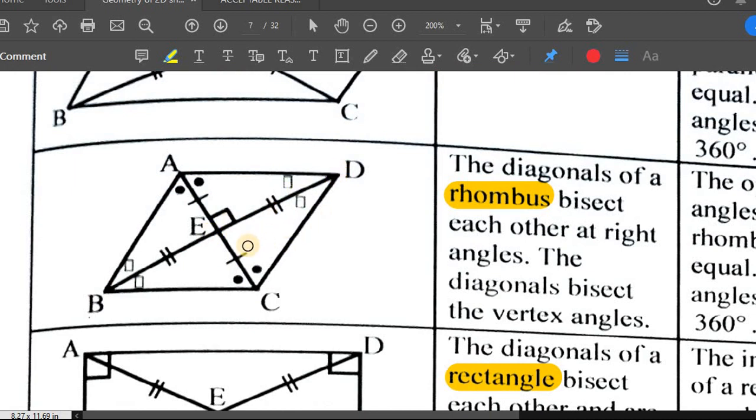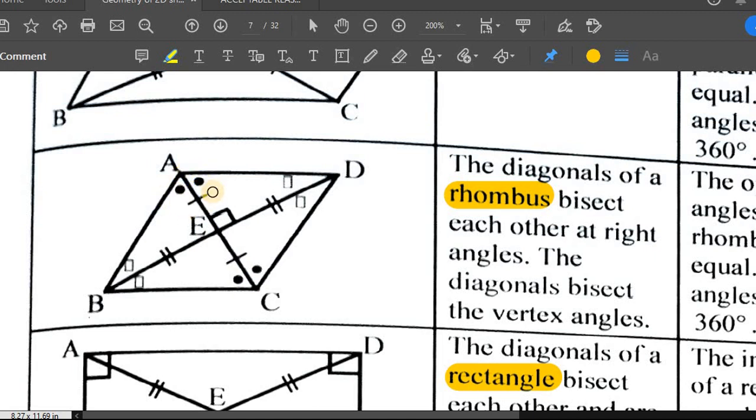Okay. Now, something that's a bit different and noteworthy in this rhombus is that once these diagonals bisect each other, the angles now bisect each other too.